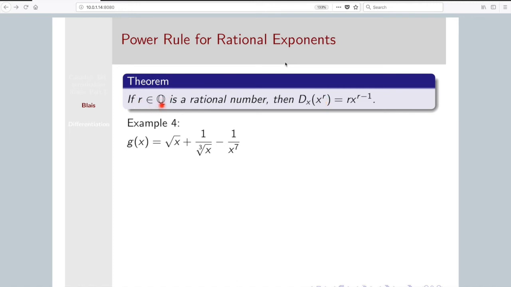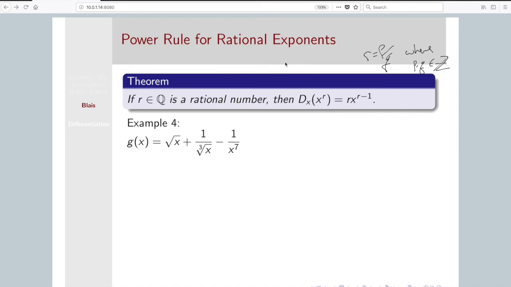So this bold-faced math Q stands for the rational numbers. And remember, a rational number just means it can be written as p over q, where p and q are integers. So the definition of rational means it can be written as the ratio of two integers. So if you have a rational exponent, the power rule is the same. You bring the exponent out front, and then you reduce the exponent by 1. This expands our toolkit dramatically for taking derivatives.